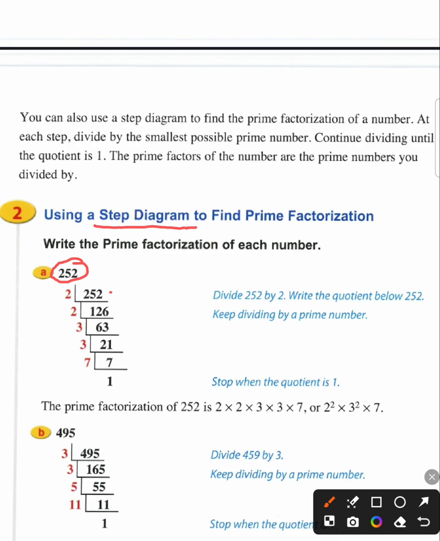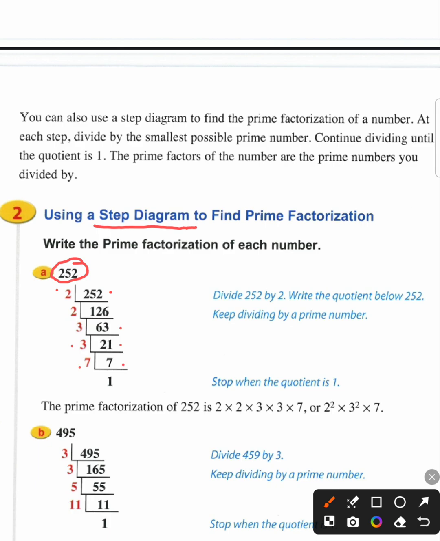If we divide 252 by 2, we write the quotient below 252 here. So look, 252 divided by 2 is 126. If you divide again by 2, it will be 63. 63 we can divide by 3 and the result is 21. 21 divided by 3 is 7.